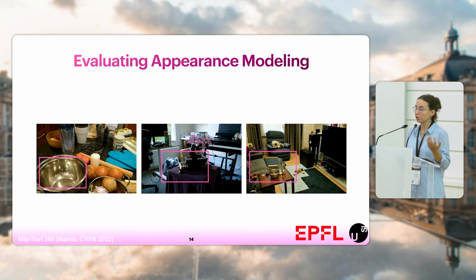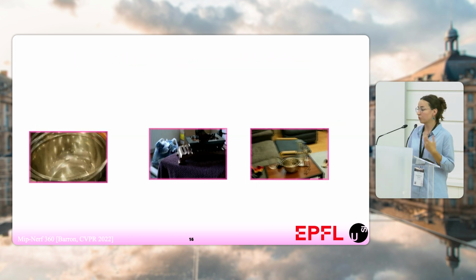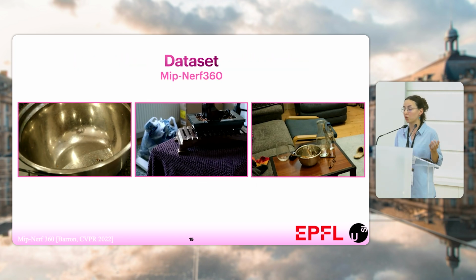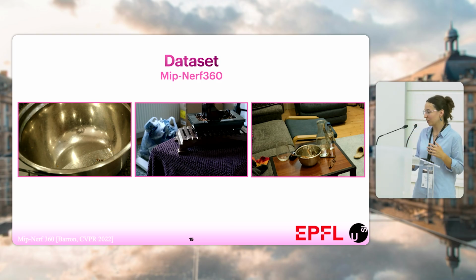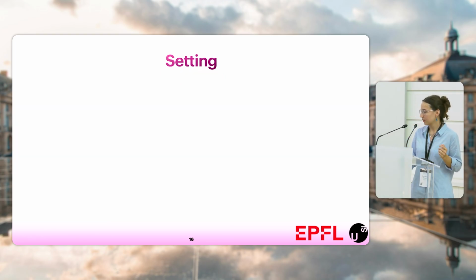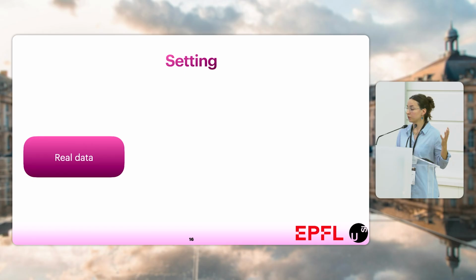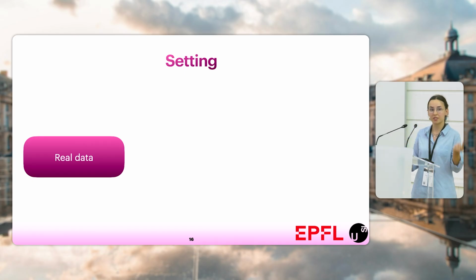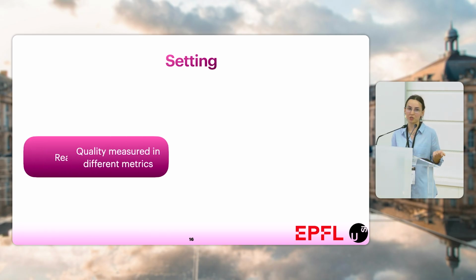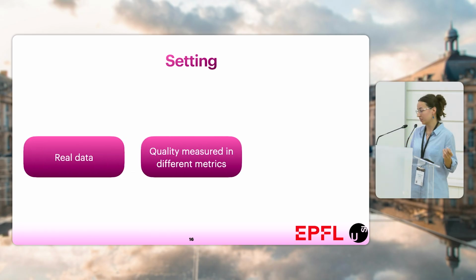They provide a much more challenging benchmark. So for this reason, we evaluate the kernels on the Mip-NeRF 360 dataset consisting of real-world data. And we evaluate reconstruction quality using different metrics like SSIM, PSNR, LPIPS, and FLIP. But for this talk, I will just show the results with PSNR.